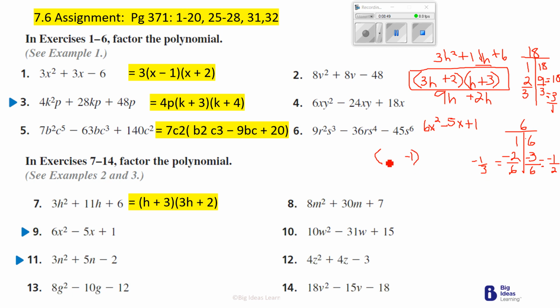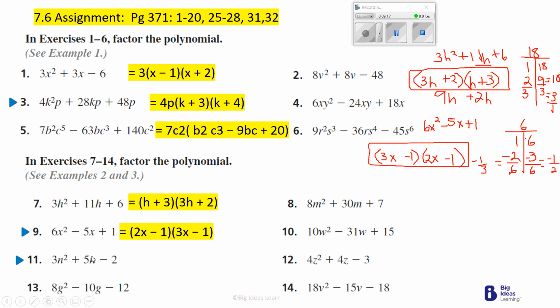That denominator becomes my coefficient. And over here, again, the numerator becomes my constant, and the denominator becomes my coefficient. So I should have 3x minus 1, 2x minus 1. Let's see how I did. 2x minus 1, 3x minus 1.